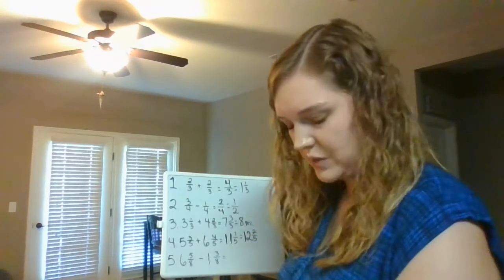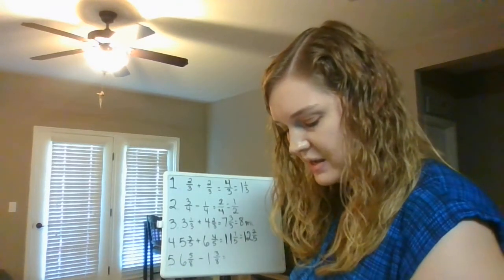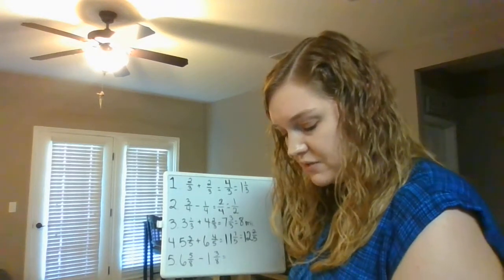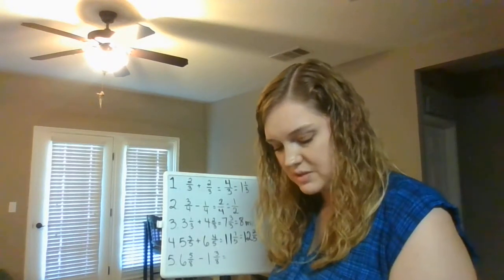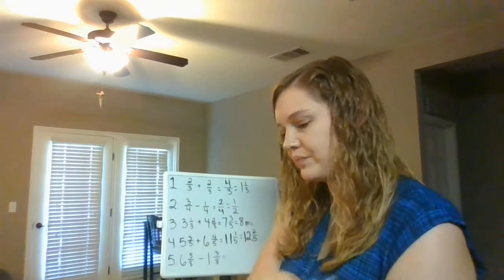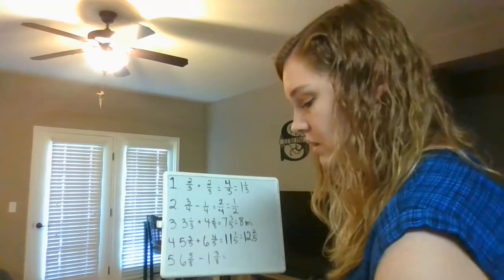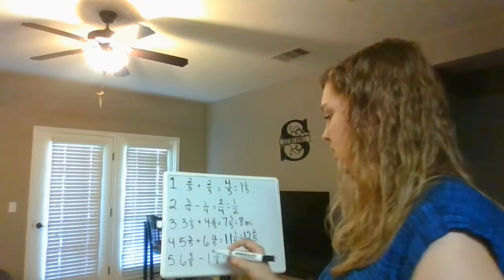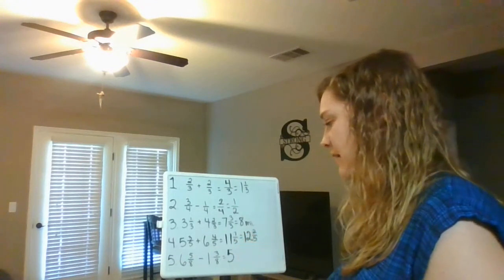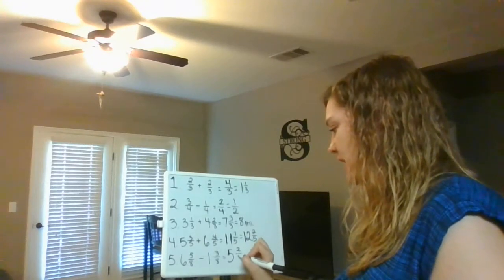Now our last one. A piece of fabric 1 3/8 yards in length was cut from a bolt of fabric that measured 6 5/8 yards long. How long is the piece of fabric left on the bolt? So we subtract. 6 minus 1 is 5. 5 minus 3 is 2, and we leave our 8.